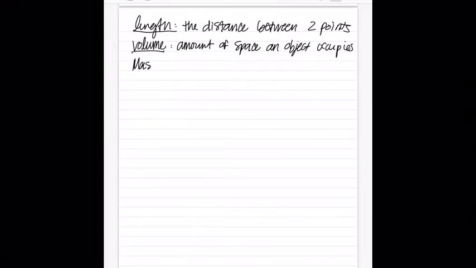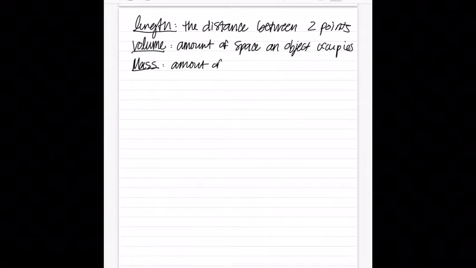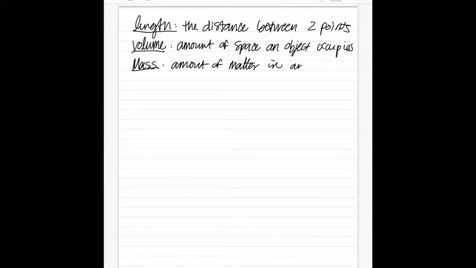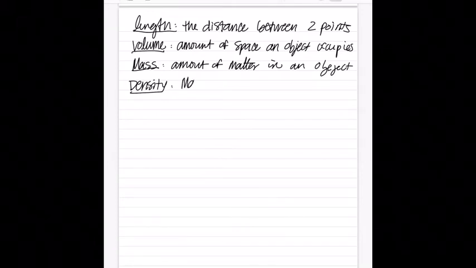Mass, we talked about this one before, is the amount of matter in an object. Density is one that may be new to you. So density is how much mass per unit volume.